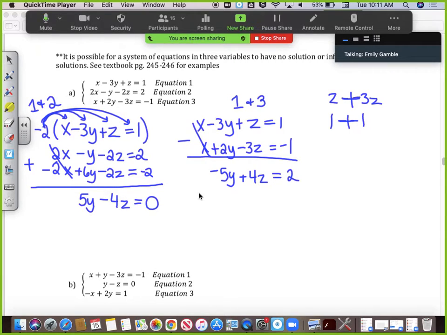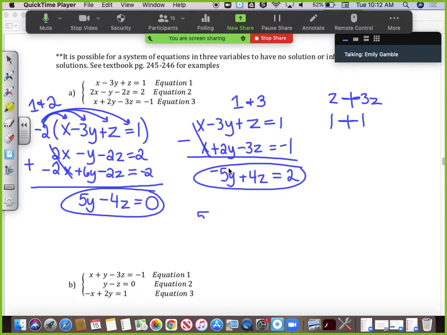So what we did so far, let's go back. We took equation 1 and equation 2 and eliminated x. We got this equation here. This is our new equation. Then we took equation 1 and equation 3 and also eliminated x, and this is our new equation. Now, we take these two equations that we just created from eliminating both x's, and we use this as our new system of equations.